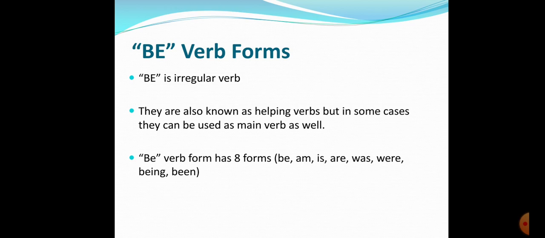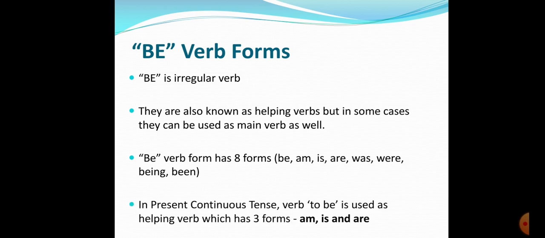But when we talk about the present continuous tense, we use it as a helping verb, and particularly present continuous tense uses the to be form of verb, which has 3 forms: am, is and are. No need to get confused. In the next slide it will become easier to understand as we will use some examples. So just remember this much: present continuous tense uses to be form of verb.